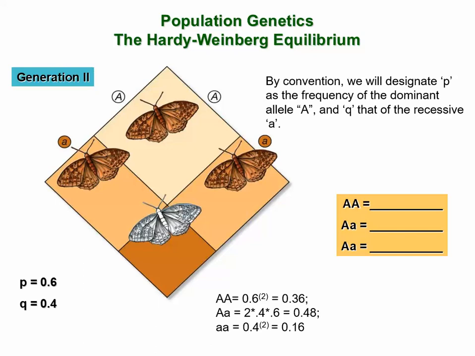But if you have just one piece of that information and not the other piece, it may be hard to tell. So for example, in this butterfly example, if we knew that P is equal to 0.4 and Q is equal to 0.6, we can predict that the frequency of the genotypes is 0.36, 0.48 for heterozygotes, and 0.16 or 0.4 squared for the little a allele.